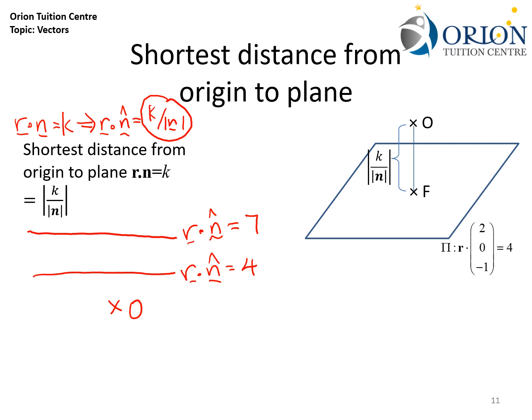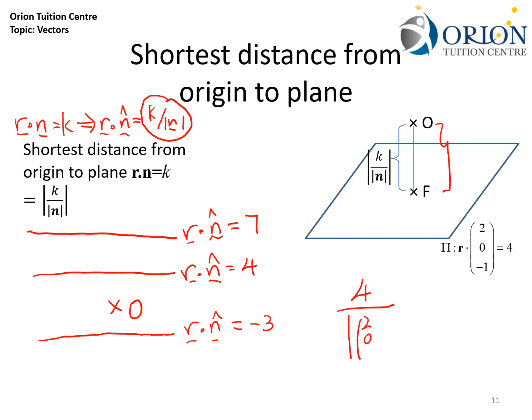And if I have another plane that lies on the opposite side of the origin, maybe somewhere over here, then I know for sure that this term must be negative, because they are on opposite sides of the origin and must have different signs.